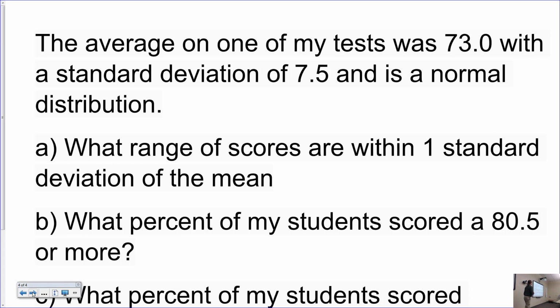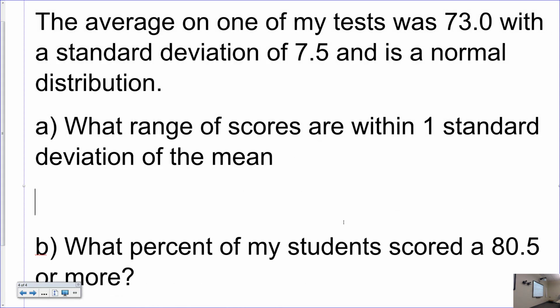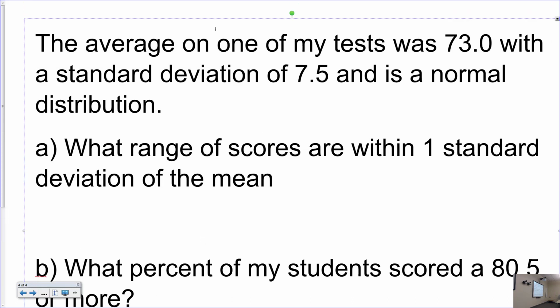So, first question, what range of scores are within one standard deviation of the mean? What is that question asking for?